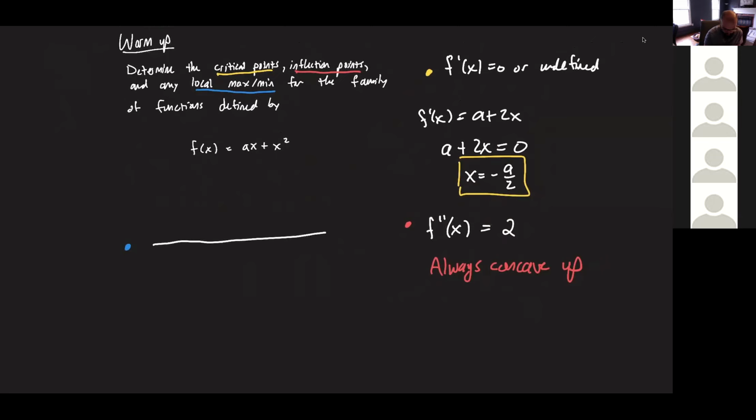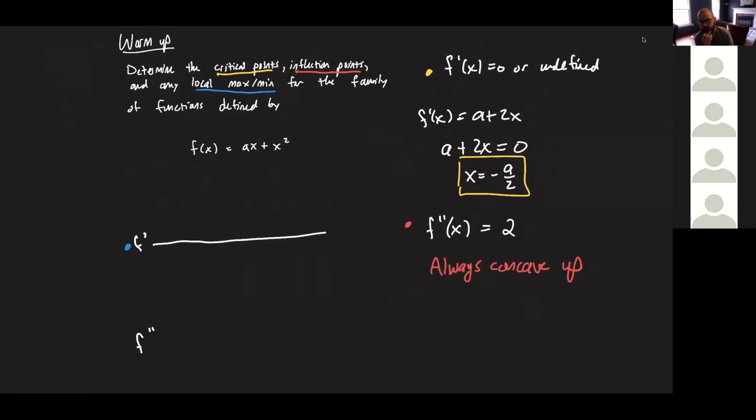And so we could use the first derivative test, or we could use the second derivative test. There are two ways to tell if we have a local max or min. We're going to check all of our critical points, and we only have one to check.